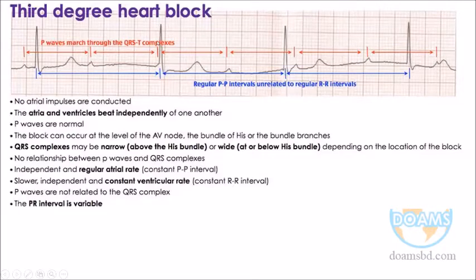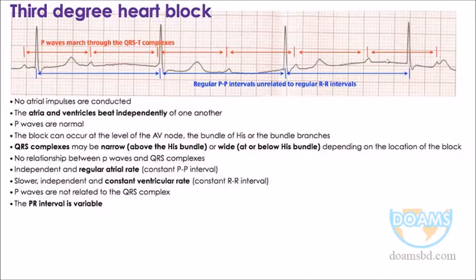How to calculate: most of you know that if we count the medium-size boxes, that is 1, 2, 3, 4, 5, 6, 7, and 8, a little more than 8. So if we divide 300 by 8, that will be the heart rate on average. What will be the heart rate?